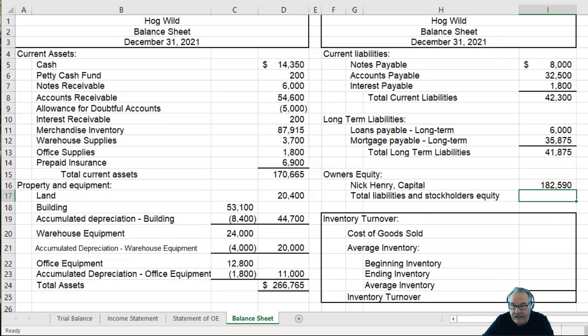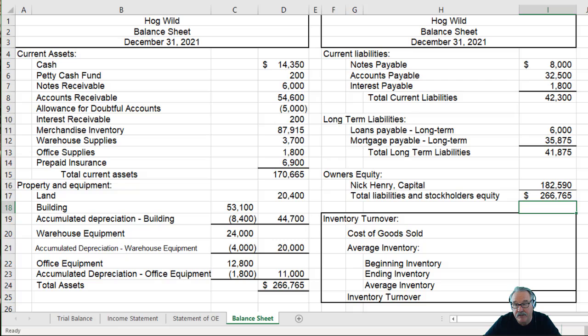And now when we add current liabilities plus long-term liabilities plus the capital, $266,765. We balance out. Cool.